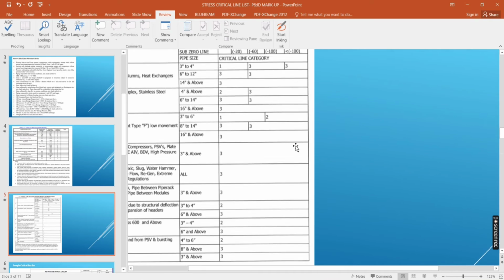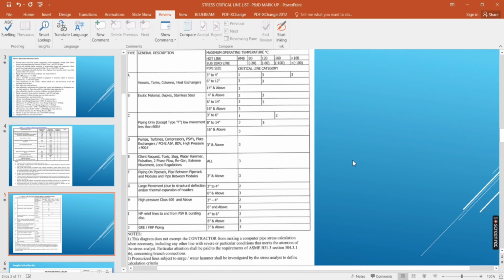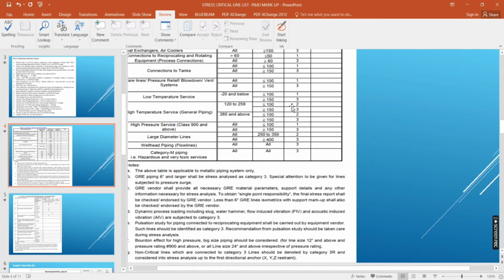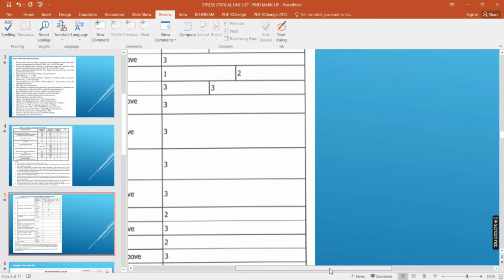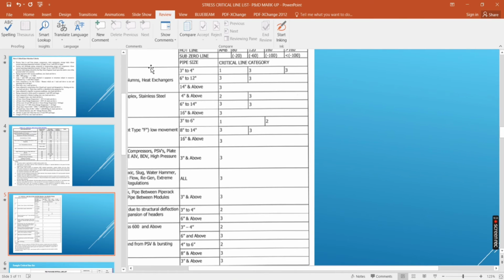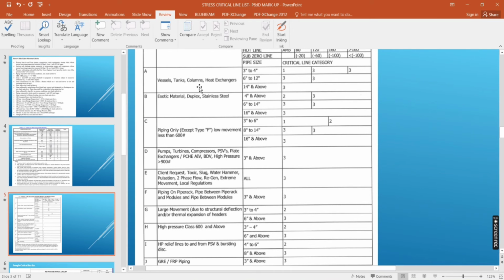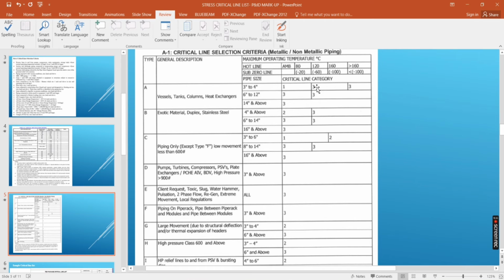Okay, so there are different criteria for different projects. You see, in this project, if it is connected to columns, vessels, tanks, heat exchangers, the line size 3 to 4 inch, and the temperature is 120, then we'll consider that line as critical.